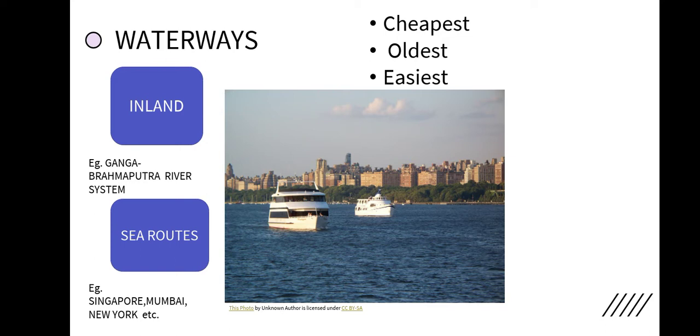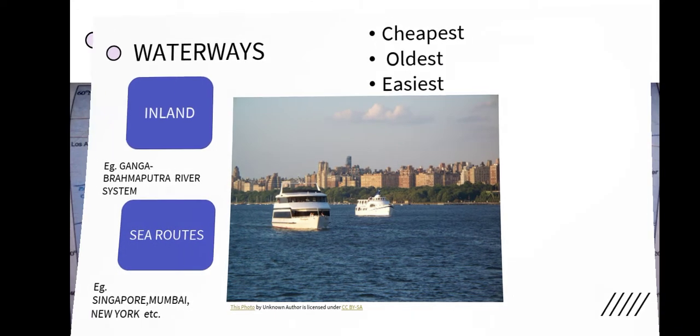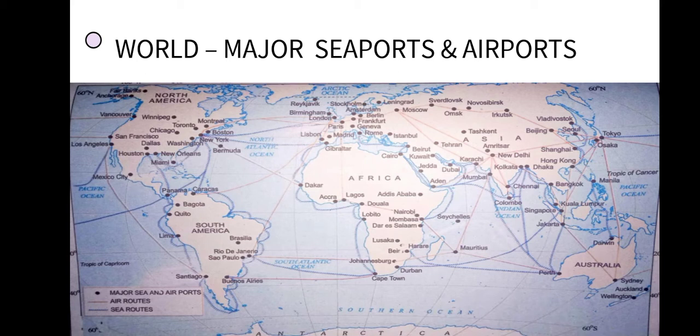There are two types of waterways: inland waterways, through navigable rivers or lakes within a country; and sea routes and oceanic routes, mostly used for transporting merchandise and goods from one country to another. Here is the map in which you can learn about major seaports and airports in the world.